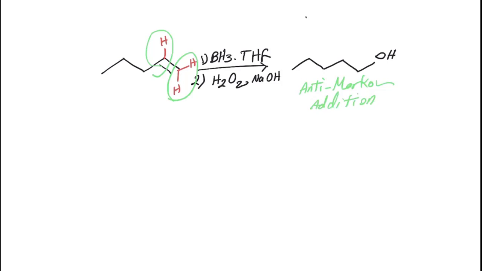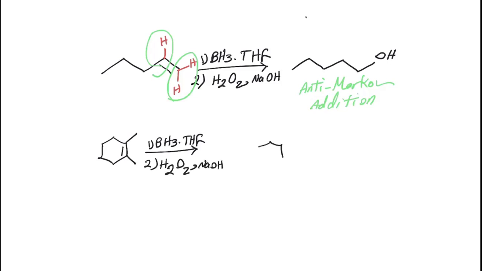For example, if we have this alkene and we add BH3 THF and then H2O2, NaOH, H2O, hydrogen and OH will add to the same side of the double bond. It's a syn addition.